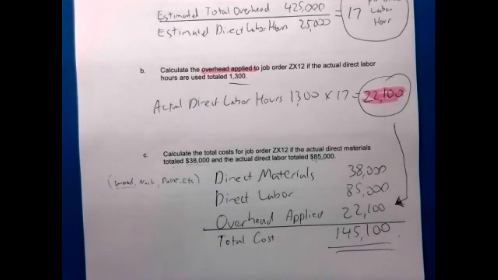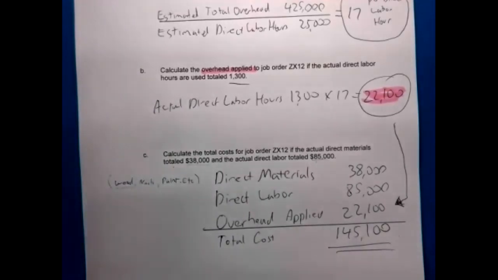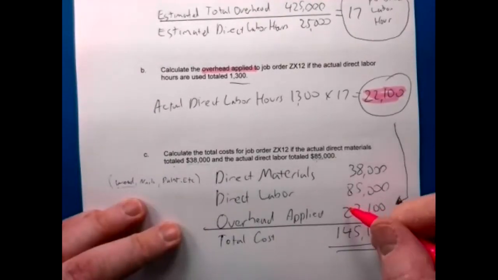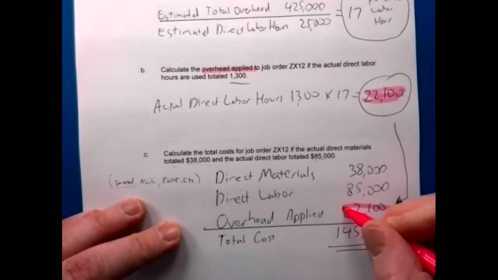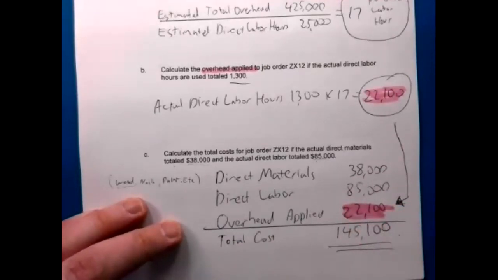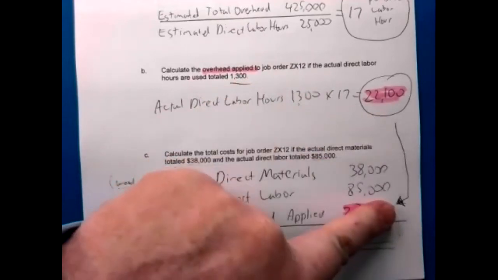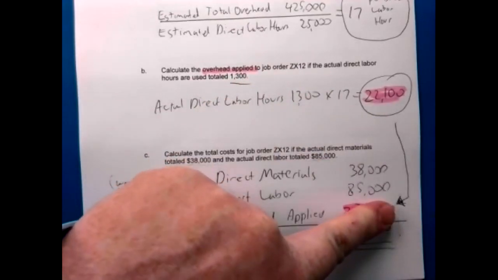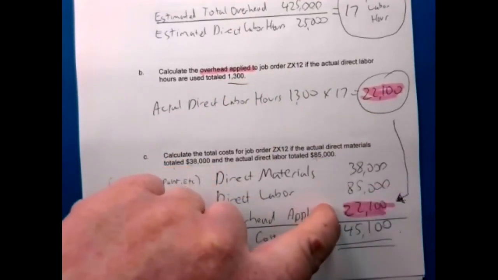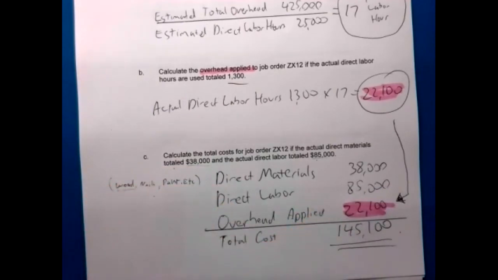And if you're a manager, this is what you're going to be held to. And notice that you only wrote checks for that amount, but this is going to get added on to it.